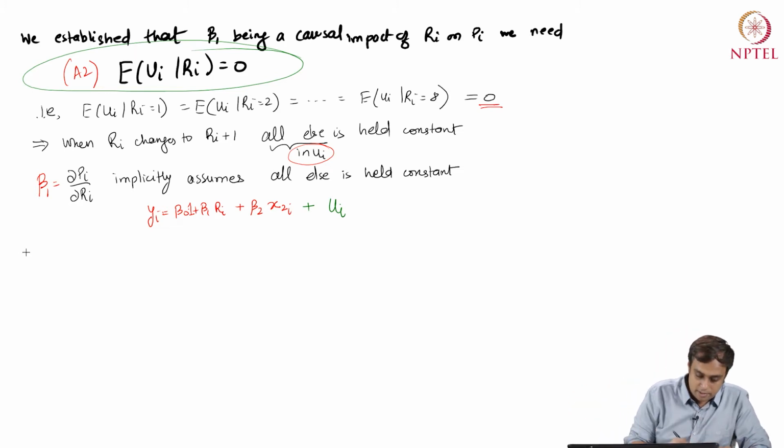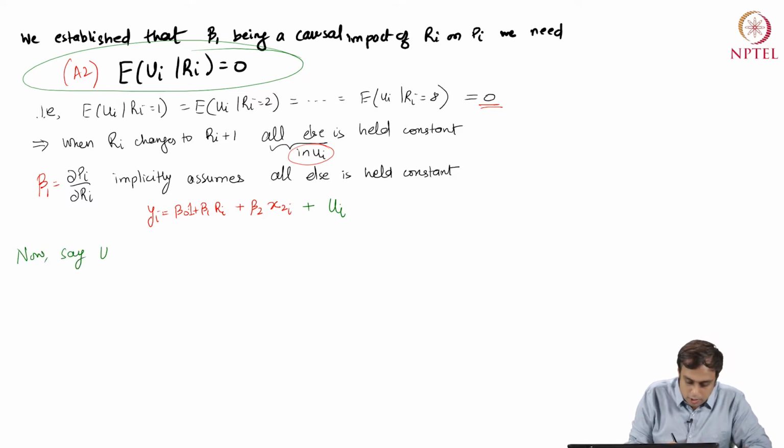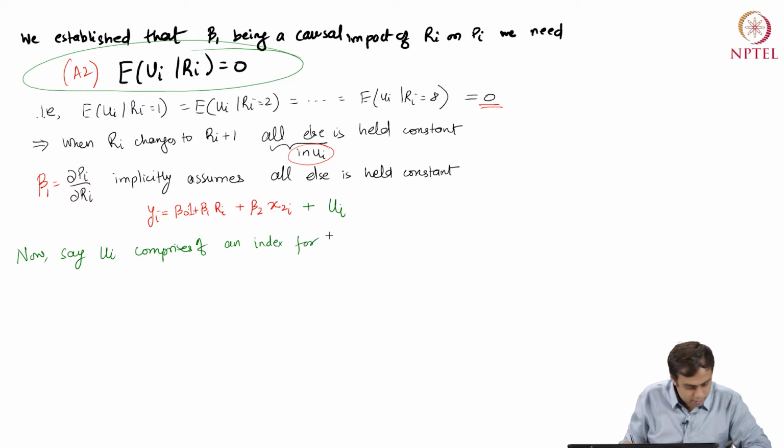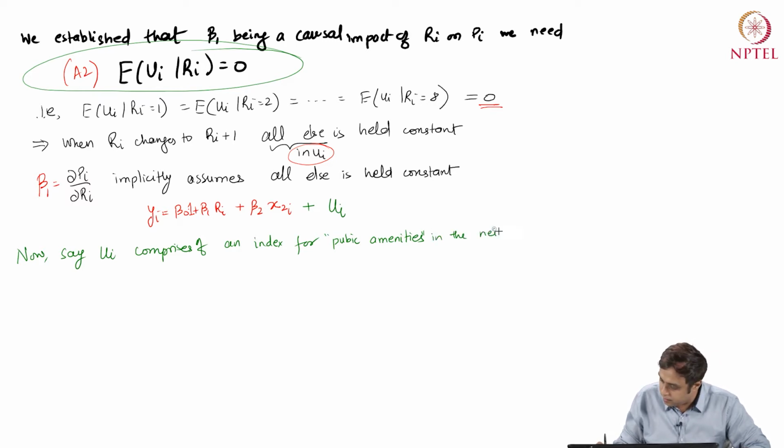Now say, for example, Ui comprises an index for public amenities in the neighborhood of house i.